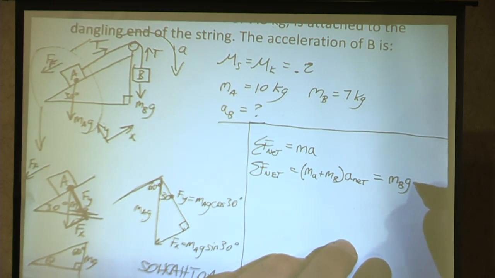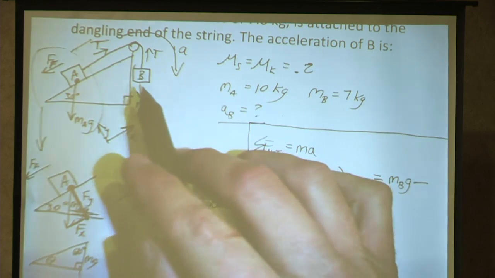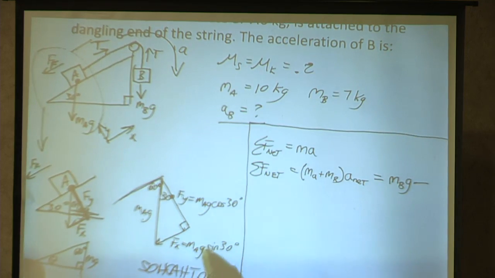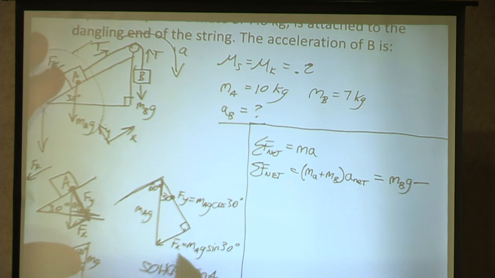So MBG minus, let's do the mass of the block. Over here, we just determined a way to calculate the component of gravity that's making block A slide down the incline.